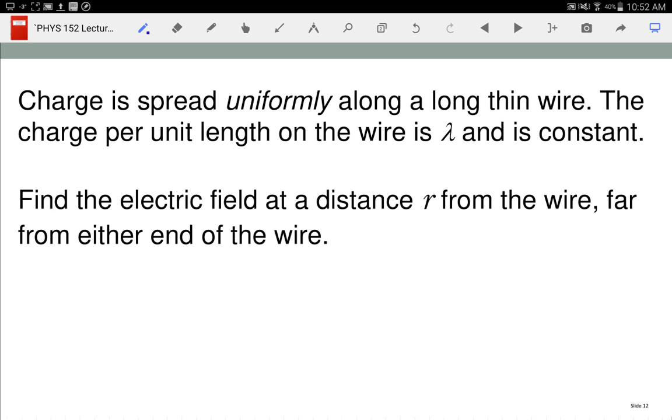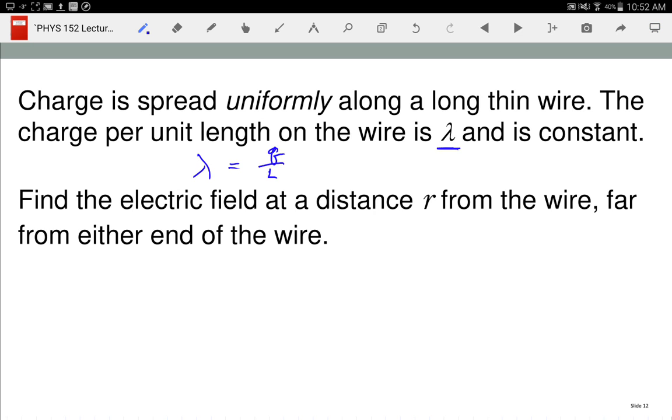First, boy, I hope I have a clicker question in the slide right after this. Our problem is going to be that we have charge spread uniformly along a wire that has charge density lambda. What that means is lambda is equal to the charge per unit length. And then I want to find an electric field some distance away from the wire.